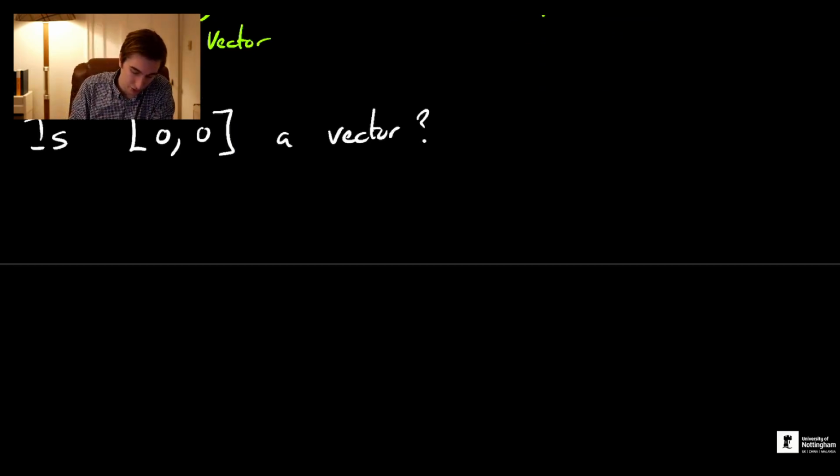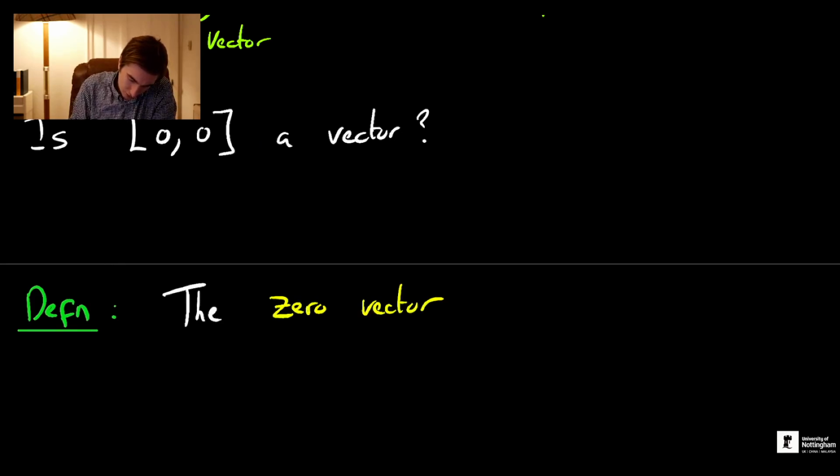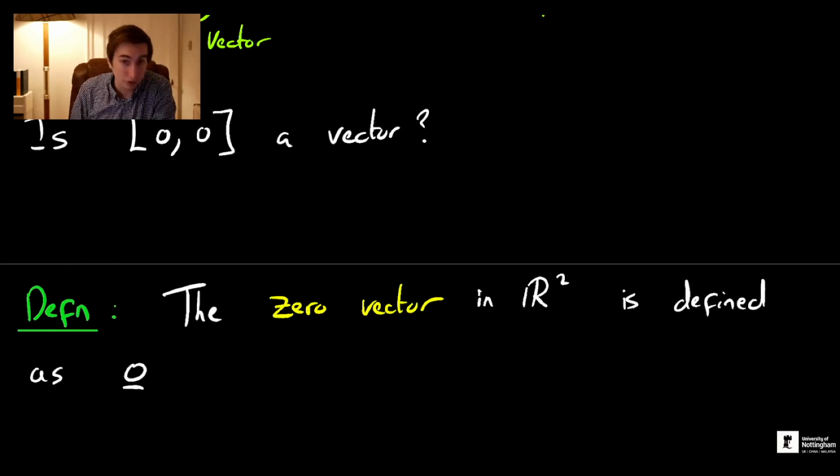So that leads us to another definition. The zero vector, again, this is all just in R2, is defined, maybe I should reiterate that, the zero vector in R2 is defined as 0 with the underline, right?